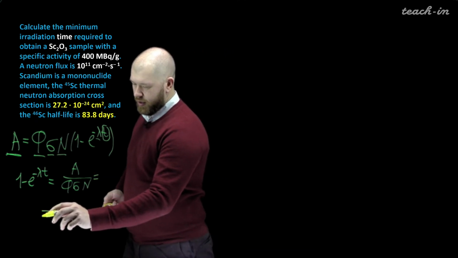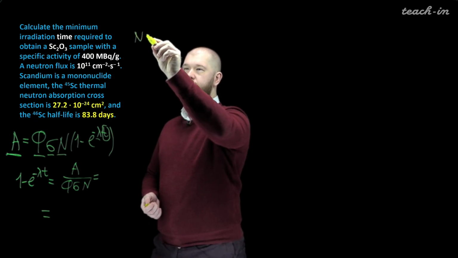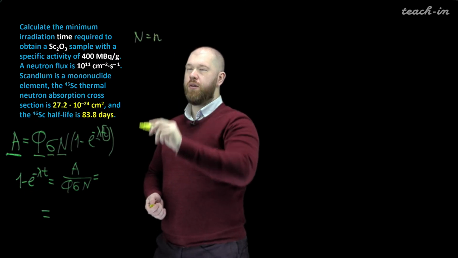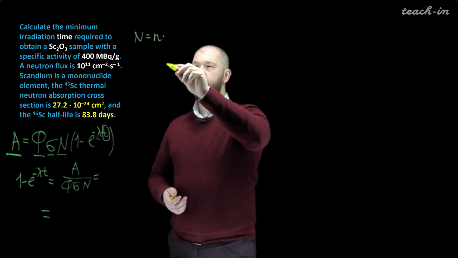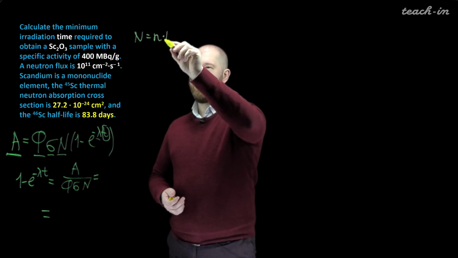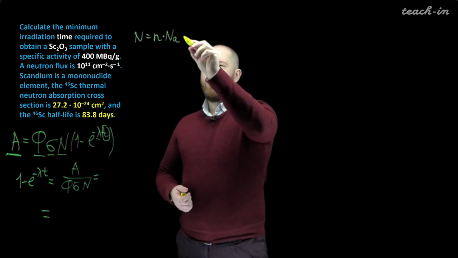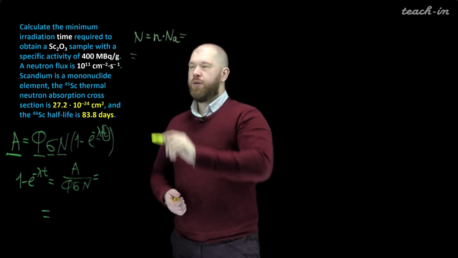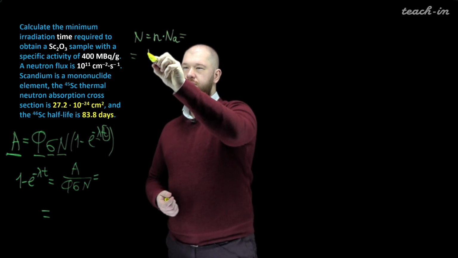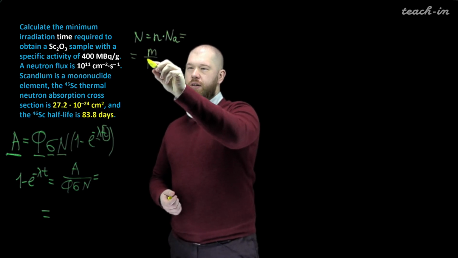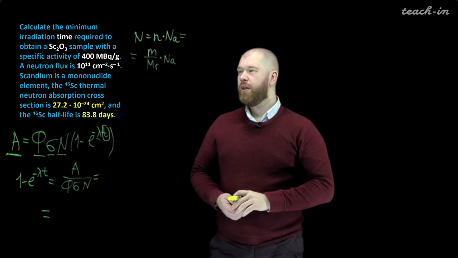Then we should express the number of atoms as the amount of our sample multiplied by the Avogadro number. How do we calculate the amount of our sample? It is mass divided by the molar mass, and then multiplied by the Avogadro number.